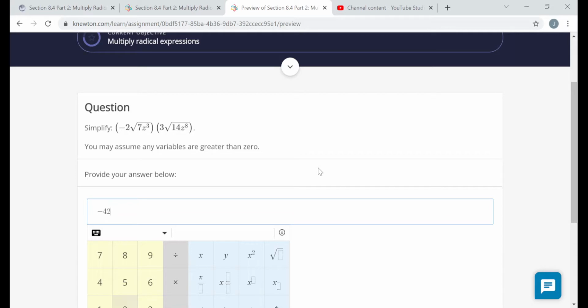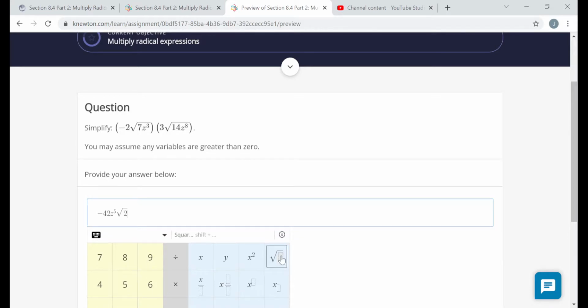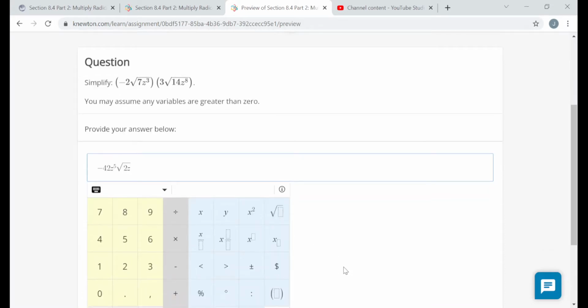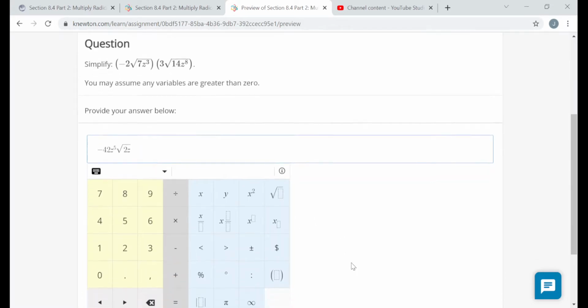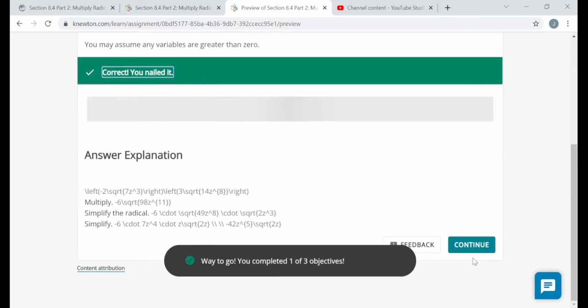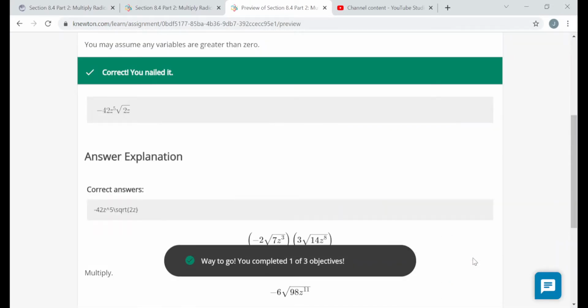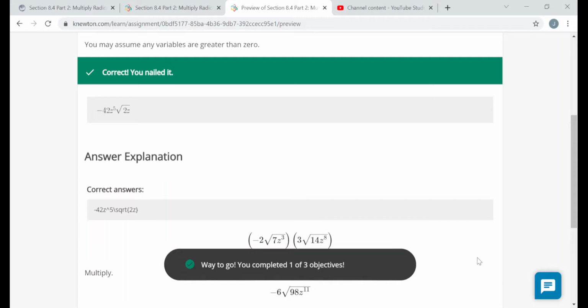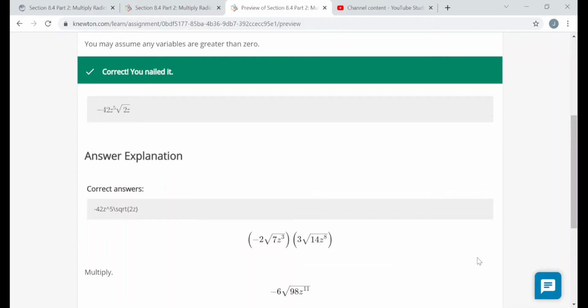Negative 42z to the 5th times the square root of 2z, and then make sure that 2z is all underneath the root there. Great. So that objective where we just multiplied two single term radical expressions seems to be done.